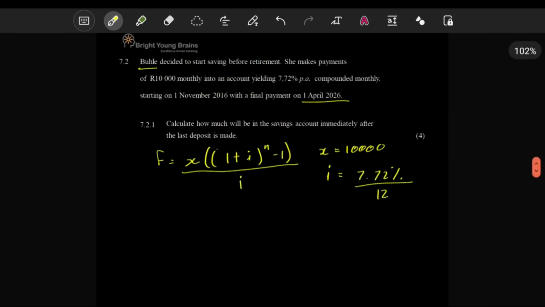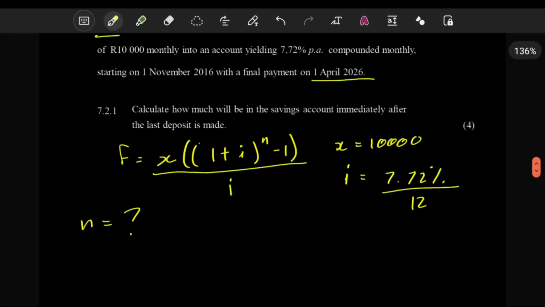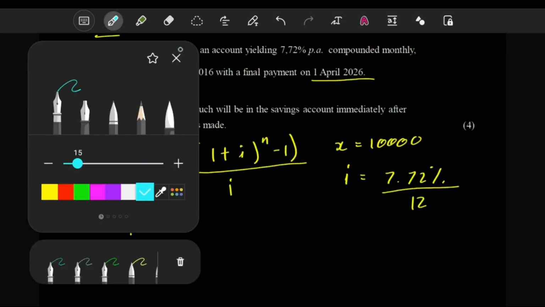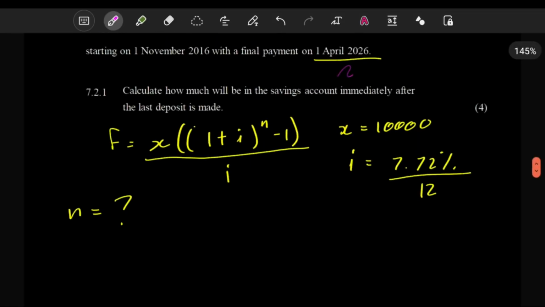Because it's compounded monthly. Now for the one we have been waiting for. What is the value of n, and how do you work out the value of n? Don't be in a hurry here. Just work it out systematically and think of the simplest way to get this.